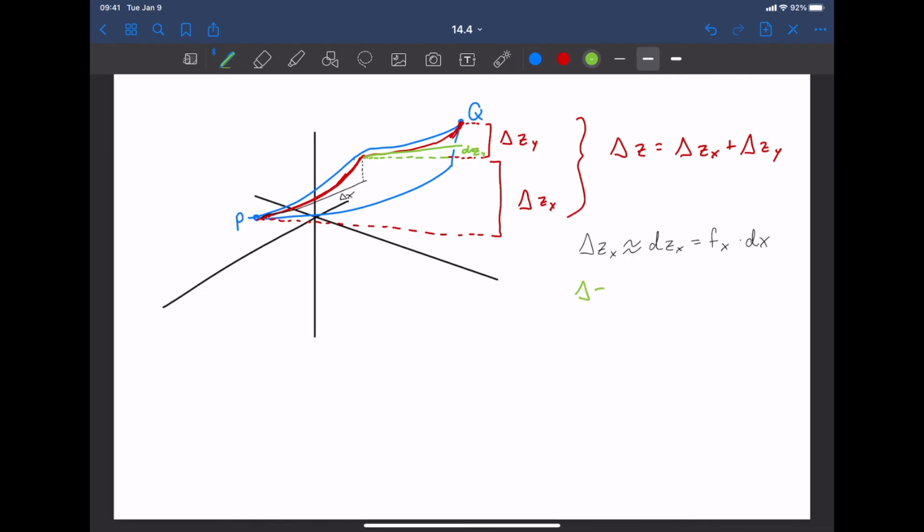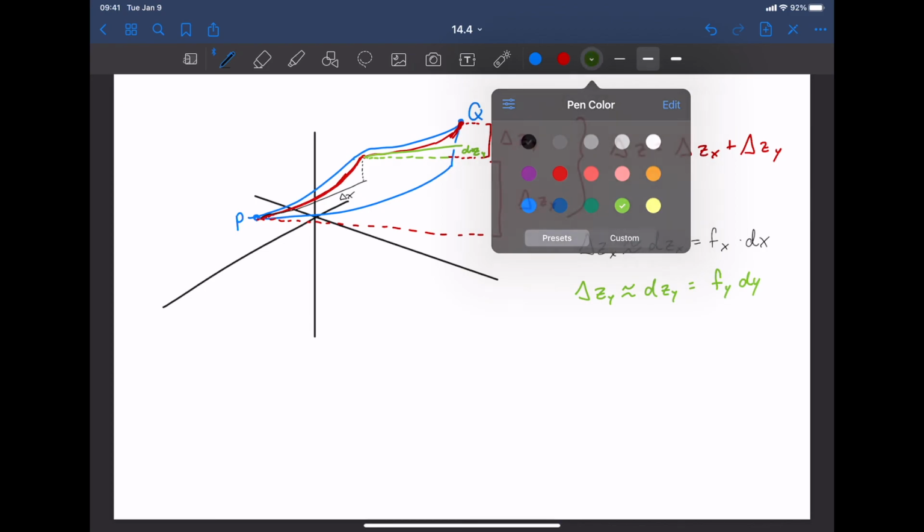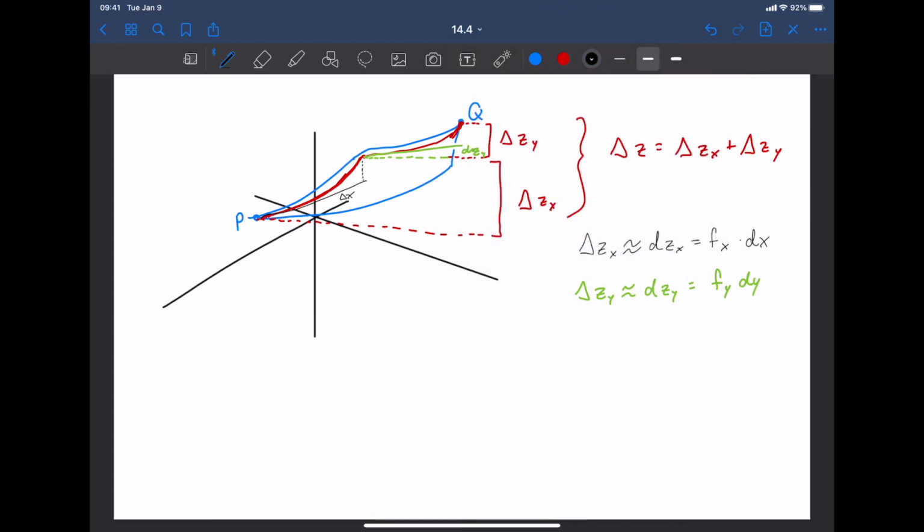So similarly, our increment with respect to y can be approximated with a differential with respect to y, which is the same as using our slope notions from before. Just to refresh that idea that maybe we were unclear about in the previous two slides, we're using this idea that a slope is a rise over a run.